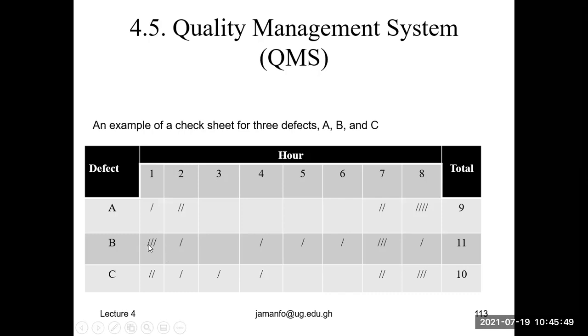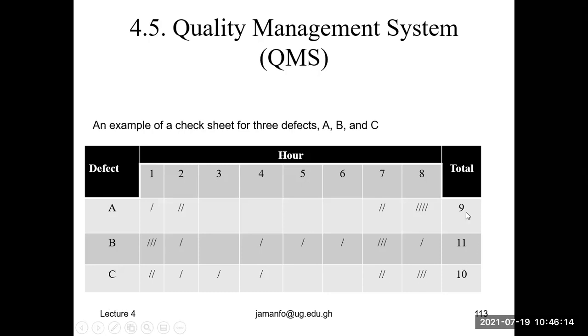The power was not coming. Then the third one, within that same 1 hour, has another defect, which is maybe the weight of the phone. It was too much. So we keep noting what the problems are. At the end of the 8 hours, we know the frequency of these defects.